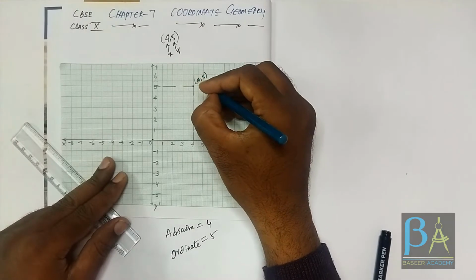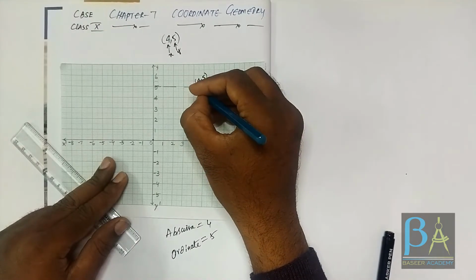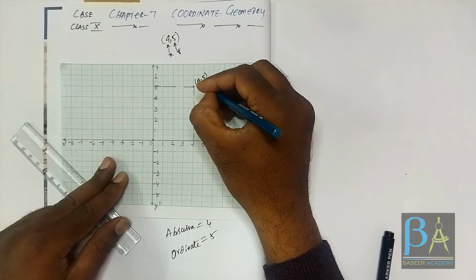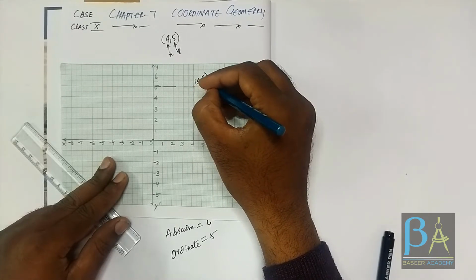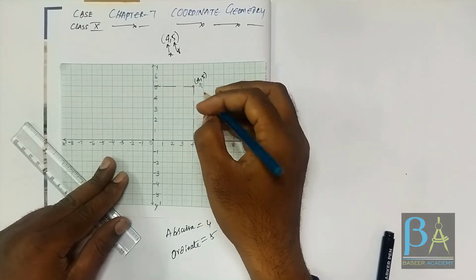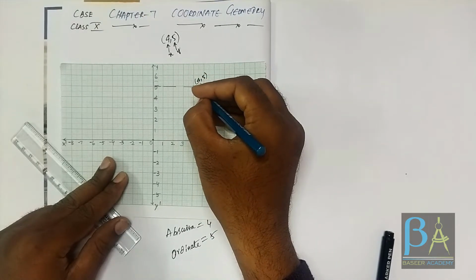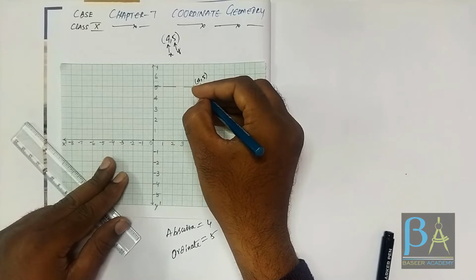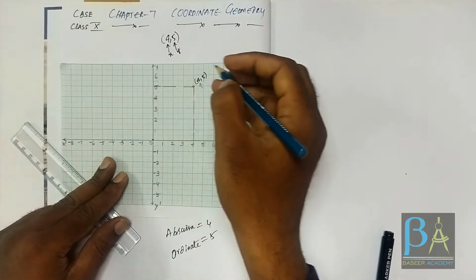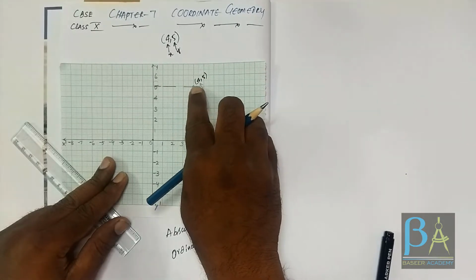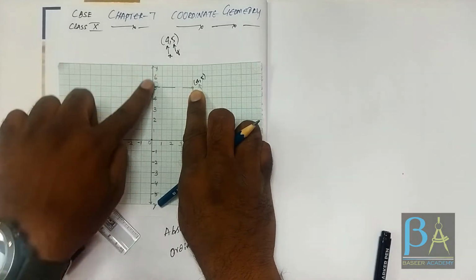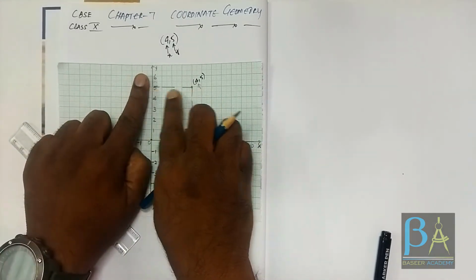The x coordinate gives us the distance of this point from the y-axis. The x coordinate is 4 here, isn't it? You can check it for yourself: 1, 2, 3, 4. Yes, so the distance of this point from the y-axis, the vertical axis, is 4 units.